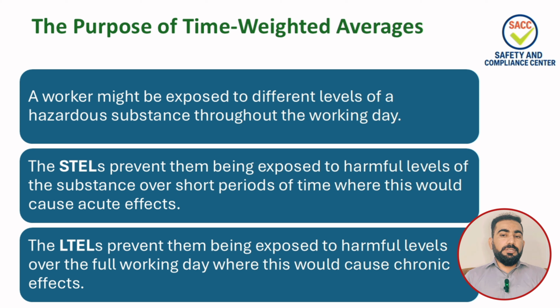And the long-term exposure limits protect against long-term lower-level exposures to stop chronic effects like respiratory issues or organ damage that build up over a period of time. So the time-weighted average is a way to balance out those ups and downs in the exposure, making sure it stays within the safe limits overall.